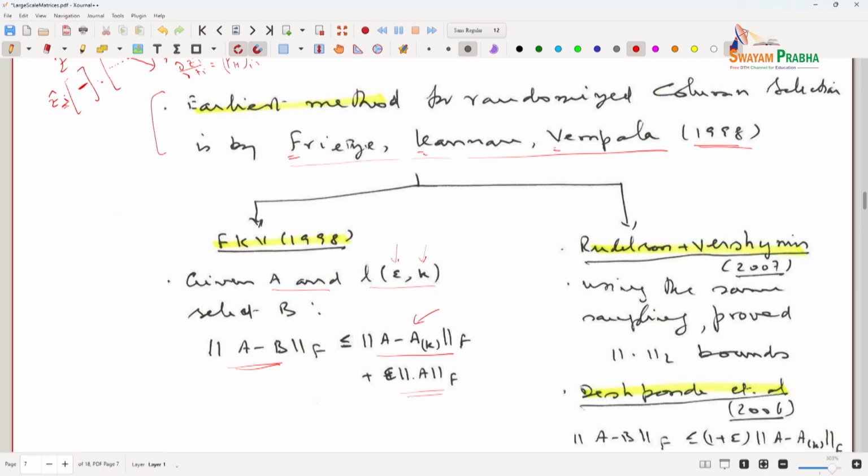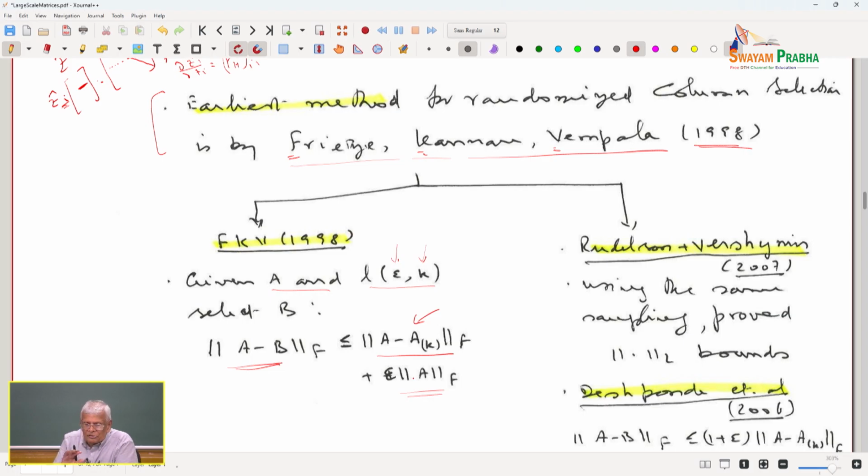This result has been strengthened and extended in several directions. The importance of the result is that it is the earliest method. So you can see the 1990s were the golden period for the randomized approach. Even though the Johnson-Lindenstrauss algorithm has been known in pure mathematics since the 80s, the importance for data science was recognized only in the early 90s.